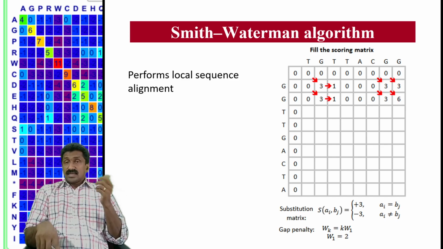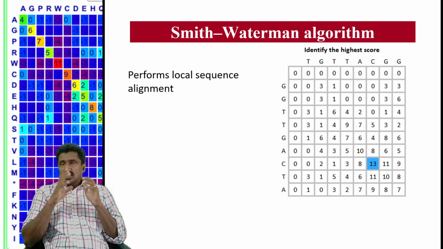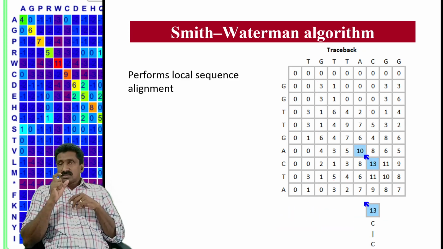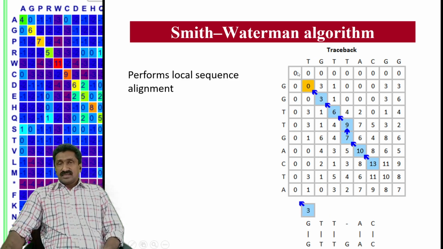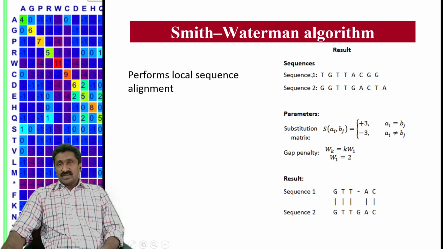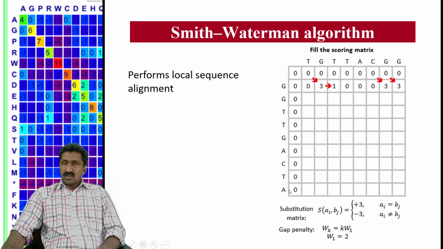So the second category is the Smith-Waterman algorithm, which is used for local alignment. This also works in a similar fashion, but the point is that there are no negative values. Initially, the matrix is set up with 0 values on the first row and the first column.